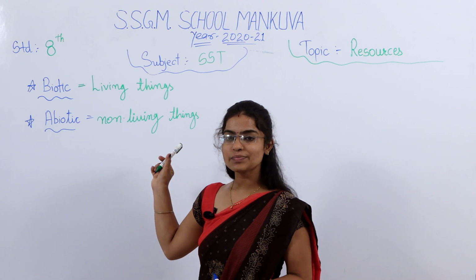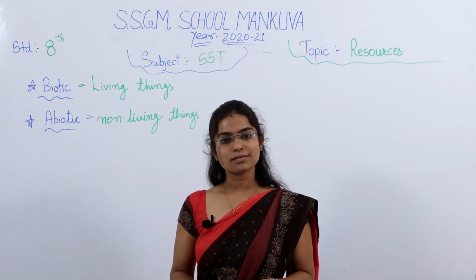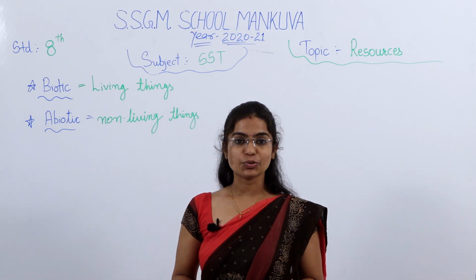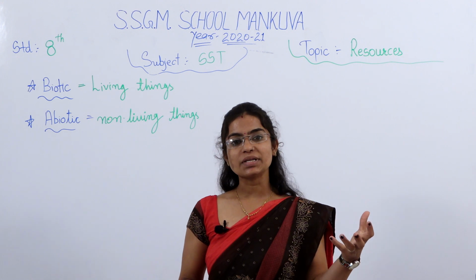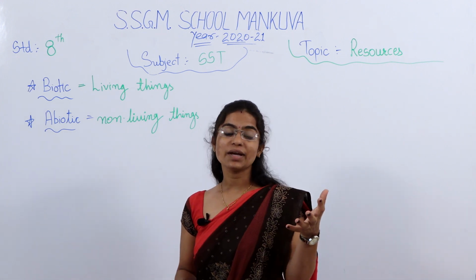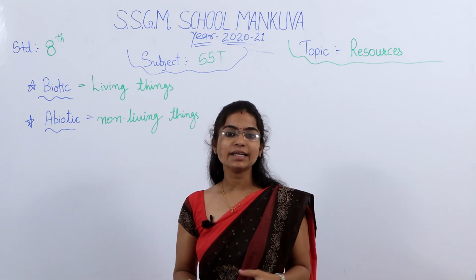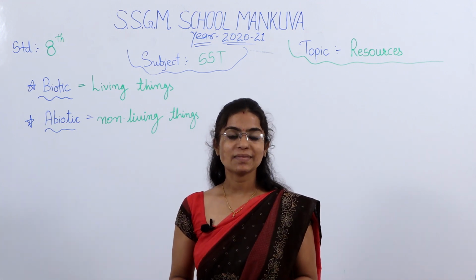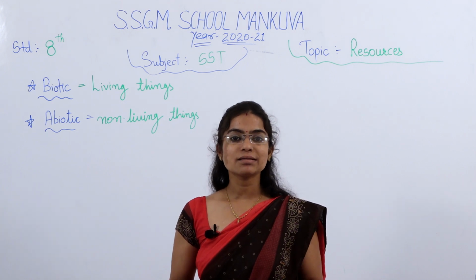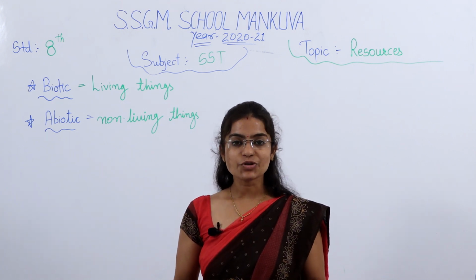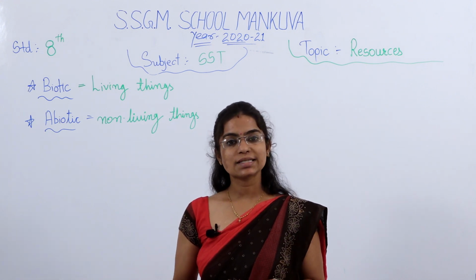And non-living things means all the human-made things you can see around you, like chair, fan, table, the house in which you live, school in which you study, then temples, industries, factories, road, bridge.